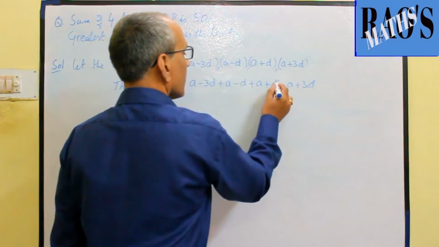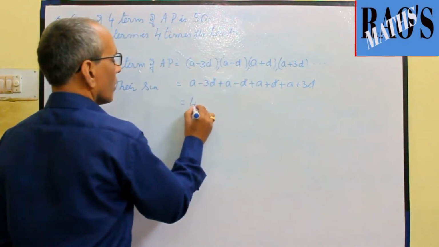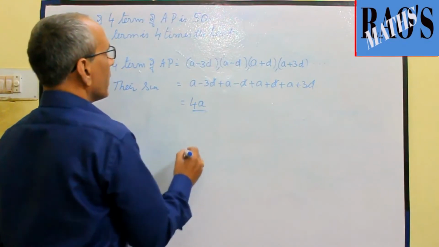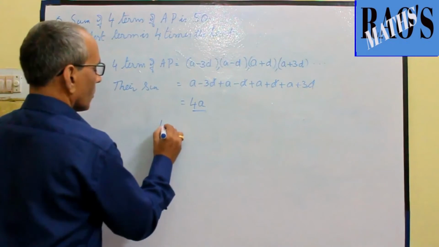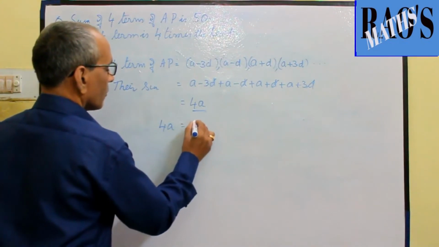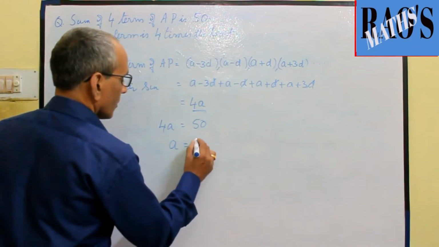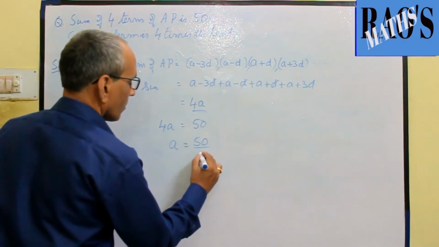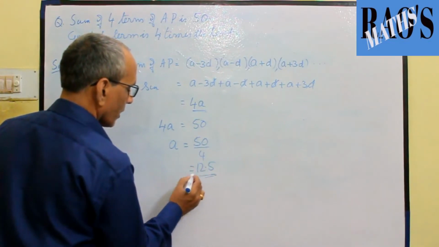We know all these will get cancelled. We remain with 4A. So 4A is equal to 50, and A is equal to 50 by 4, which is 12.5. We got A now.